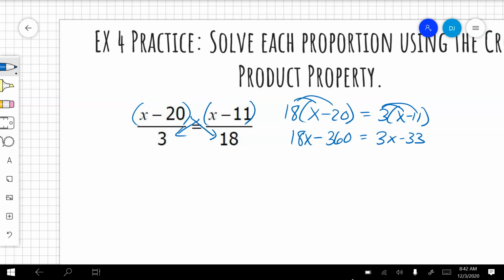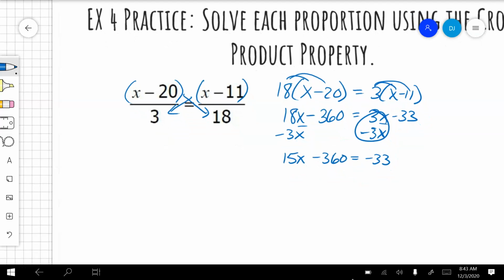Now whenever we have variables on both sides, this x variable, it's always best to go ahead and move the smallest. So 3 is definitely smaller. The 3 coefficient is smaller than the 18, so I'm going to go ahead and subtract the 3 so that I end up having a positive coefficient on the other side. This becomes 0, and over here I'm left with 15x minus 360 equals negative 33.